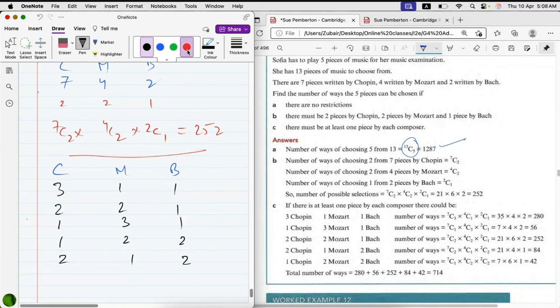So these are the different combinations, and now we write the answer for each of them. Now when we are selecting 3, we are actually selecting out of 7. These were 7 in total, these were 4 in total, and these were 2 in total.